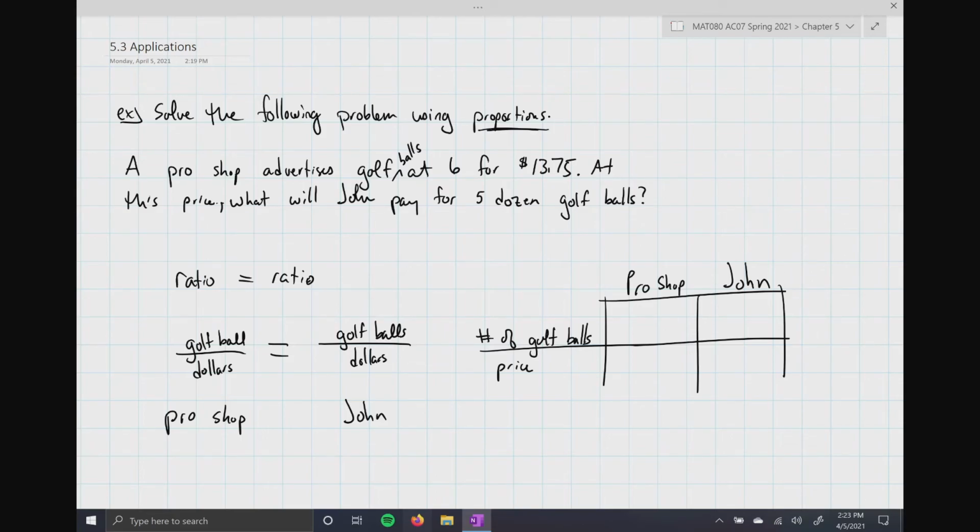Okay? So here's like the little table you could create. All right? Number of golf balls, price.